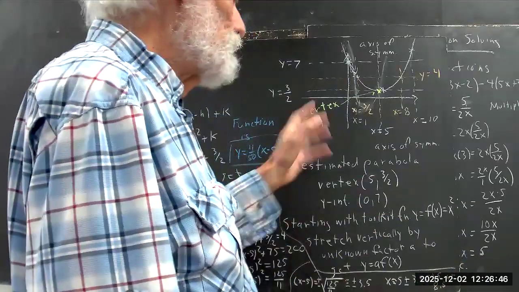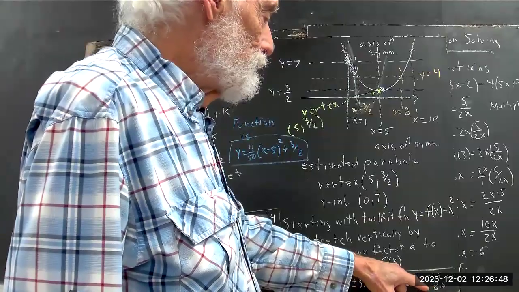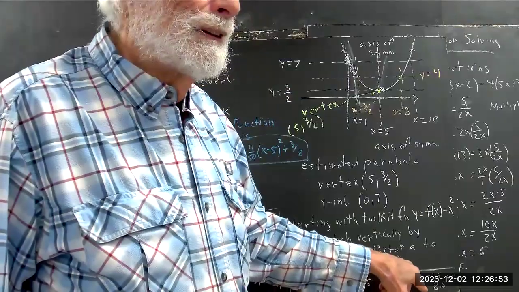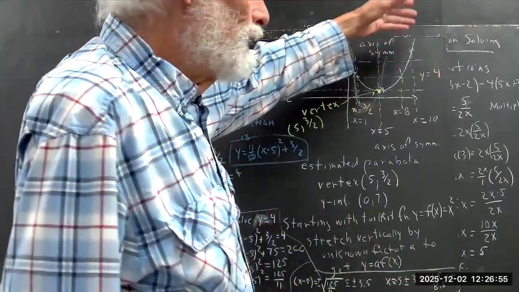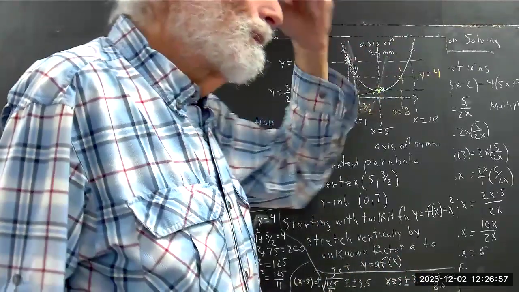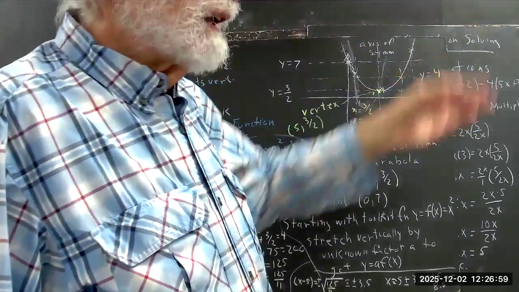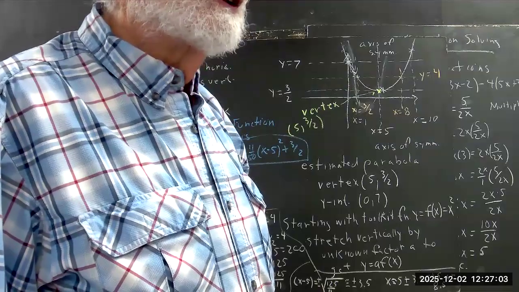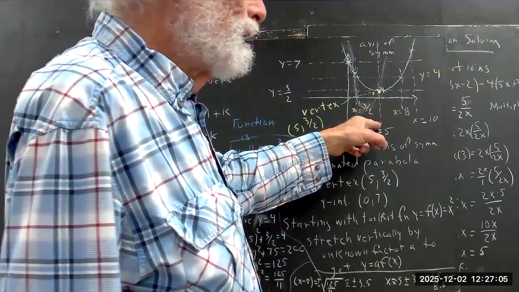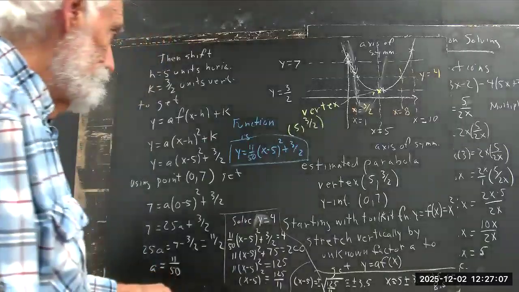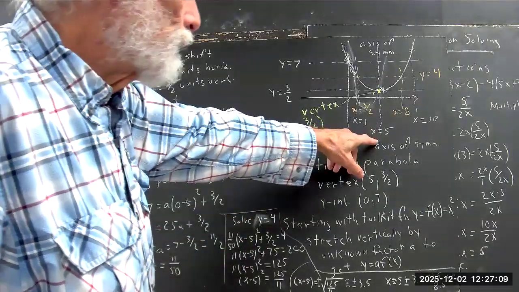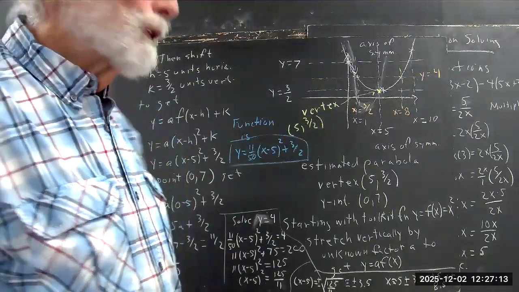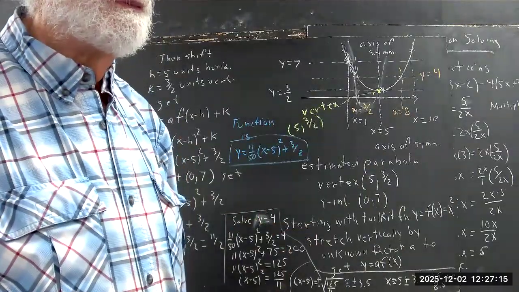It's close, but not really. And then I got 8.5 here when I estimated 8. So by drawing 3 points, figuring out after just a little confusion where the curve needed to go, and estimating the axis of symmetry and the coordinates of the vertex, we got something that actually made sense.